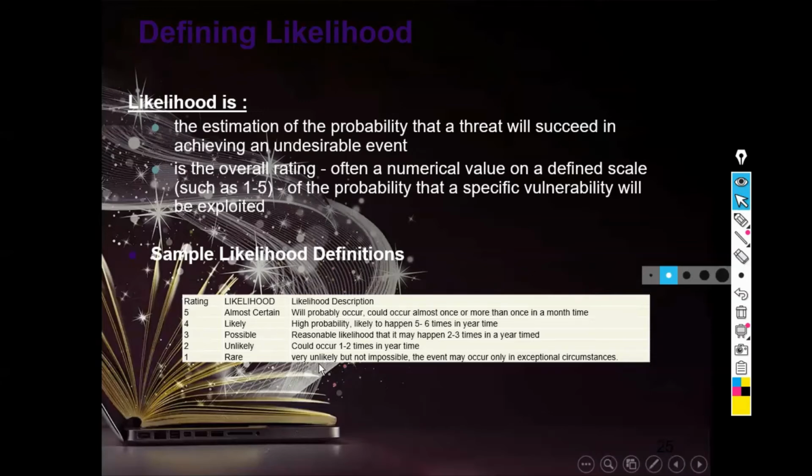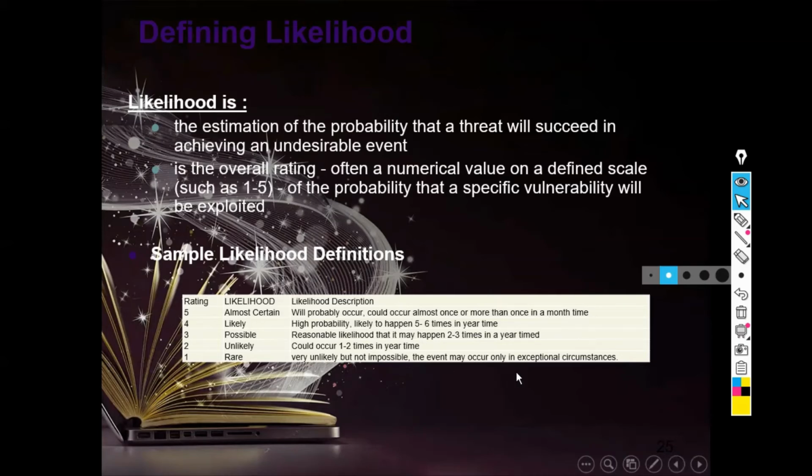Likelihood has a 1 to 5 rating. We can use 1 to 3 also, but 1 to 5 rating is also there. Likelihood 1 we call rare, and 5 is almost certain. Almost certain means it is very probable that it will happen, once in a month itself.